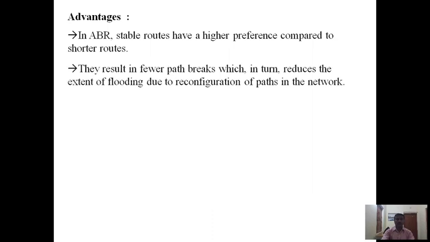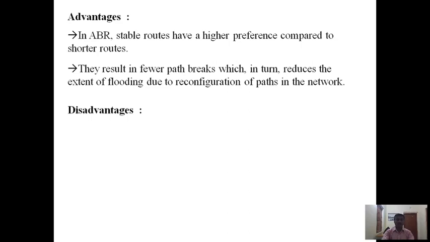They result in fewer path breaks, which in turn reduce the extent of flooding due to reconfiguration of paths in the network. So if any path breaks happen, it may not require flooding again; it reconfigures the paths in the network.